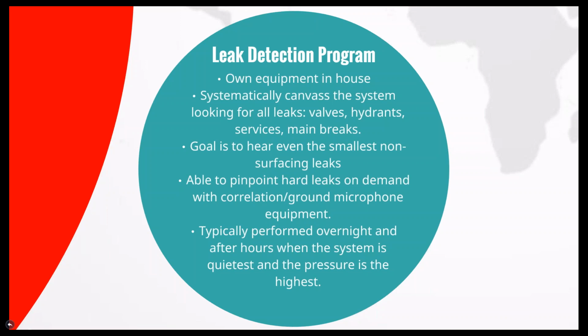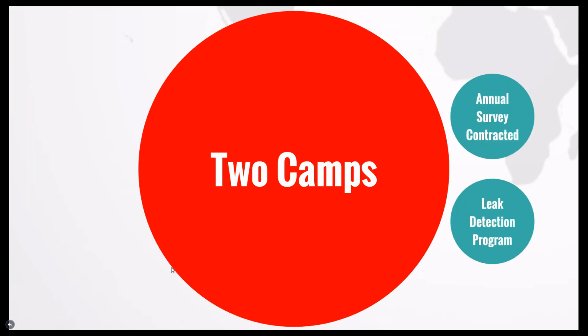It'll find storm drains and work its way into storm drains. So that idea that it will surface is not always the case. And then being able to pinpoint leaks is another part that's critical in developing a program.